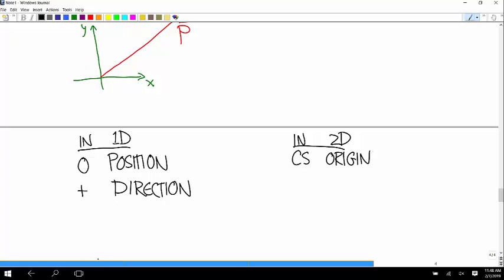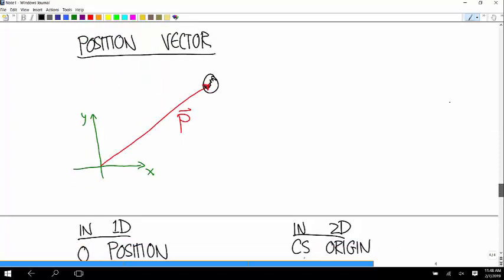And in place of the positive direction is the coordinate system axis orientations. Okay, and once we define those two things, which I already did in this picture, now we can come up with components for that position vector in that coordinate system.